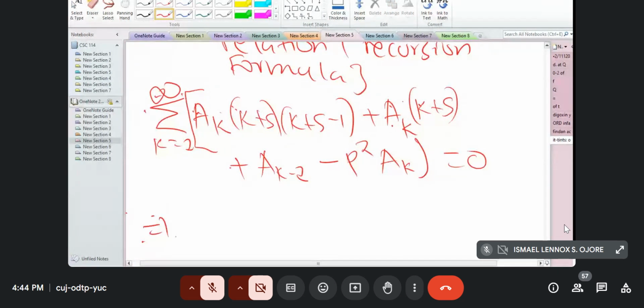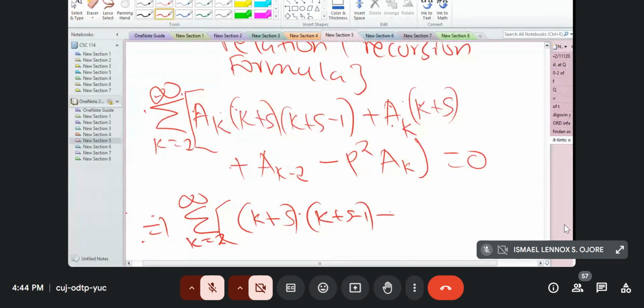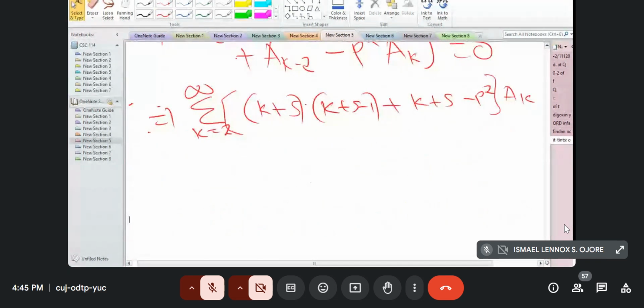This implies summation from k equals 2 to infinity of the bracket k plus s, k plus s minus 1 plus k plus s minus p squared, times ak, plus summation from k equals 2 to infinity of ak minus 2, equals 0.